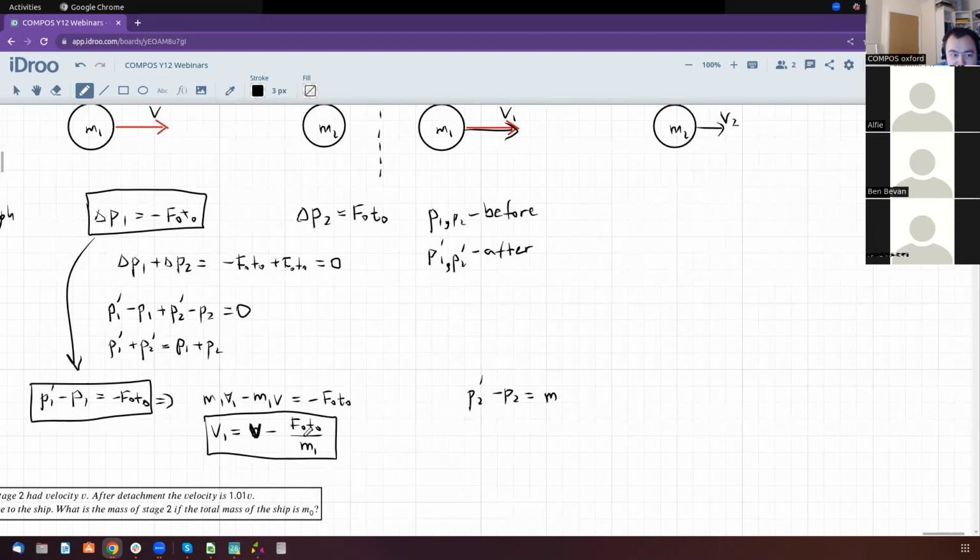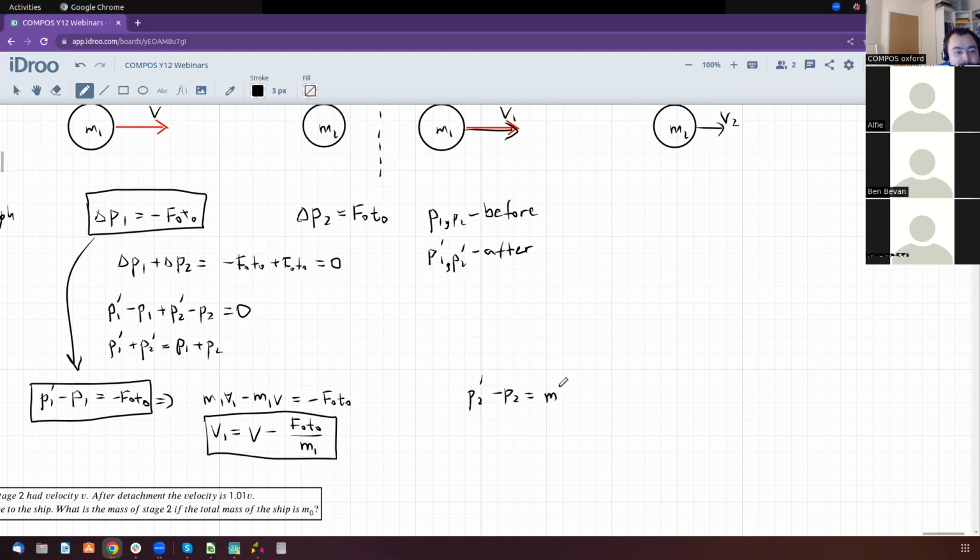So if you rearrange the equation, that's what you get. Does that make sense? Yeah, you keep the impulse negative. All right. Does this clear things up?